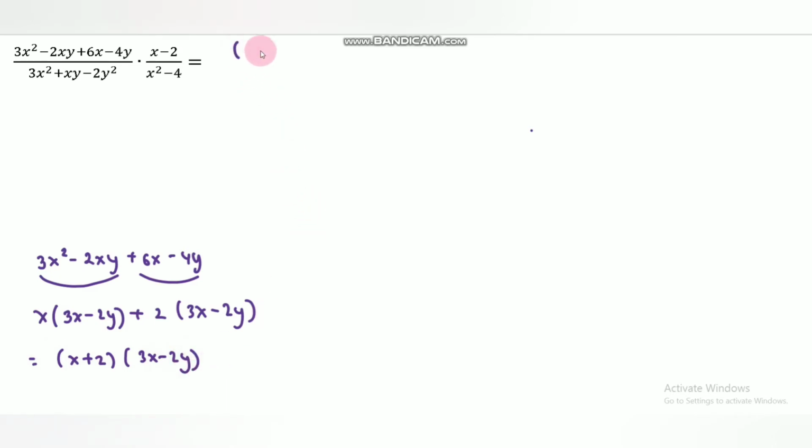So the first polynomial in the numerator can be factored to be x plus 2 times 3x minus 2y, over, for this one, let me use splitting the middle term. This is 3x squared plus xy minus 2y squared.